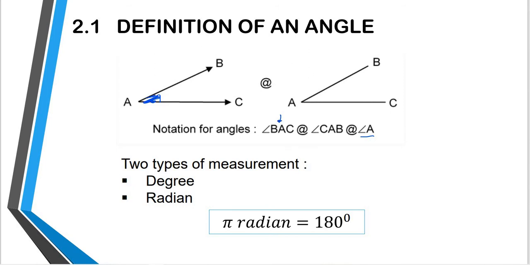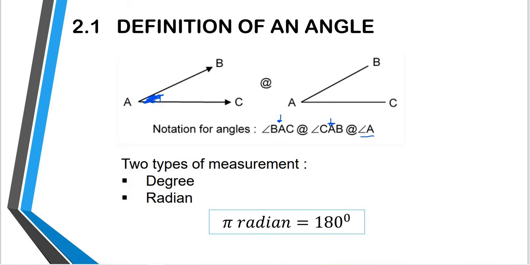That is where the angle is situated. Or it can be written as CAB again. The middle notation is A, right? So that is where the angle is situated. Or this one is also the same, BAC. It's actually the same.